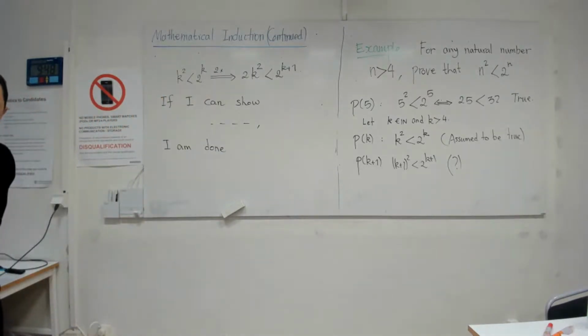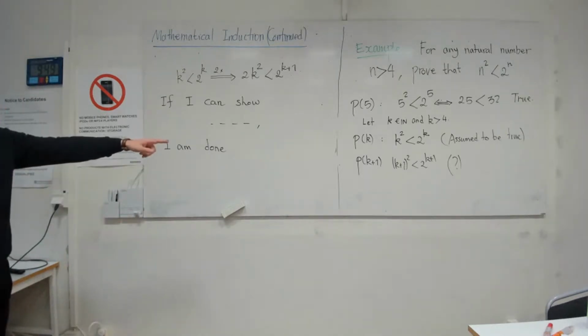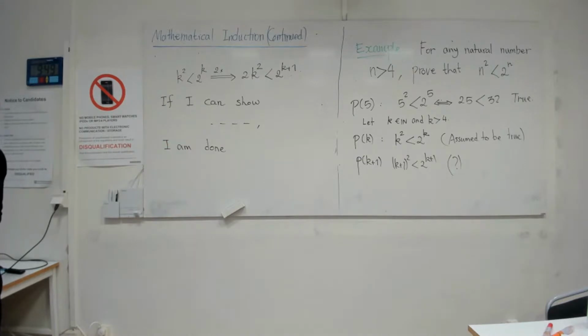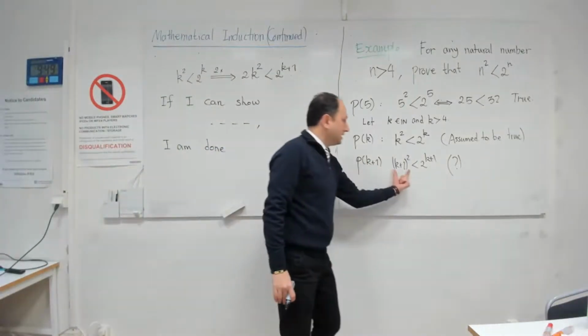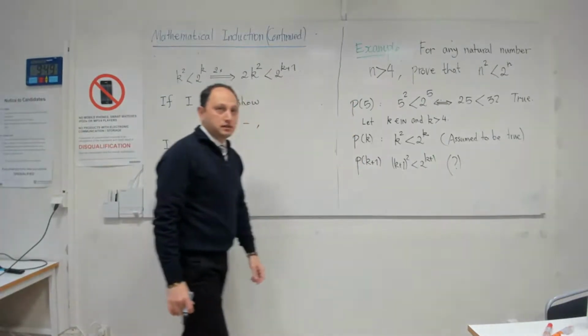Yes, please. K squared is smaller than k plus 1 squared. No. Think a little bit. That is what you want to show. You are on the right track, but you miscalculated something, I think. So you see, your goal is to show that this is smaller than this one.